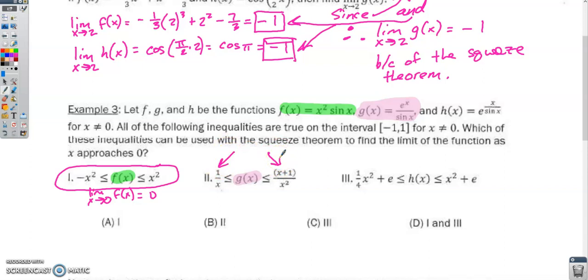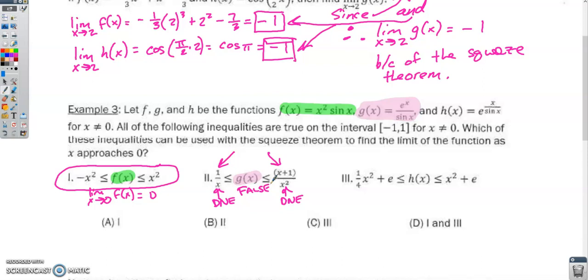Well, this limit right here, that doesn't even exist. Neither does this one. And therefore, there's no finite value that g of x can be squeezed in between, so this statement is false. It can't be used to find the limit as x approaches 0 of g of x.